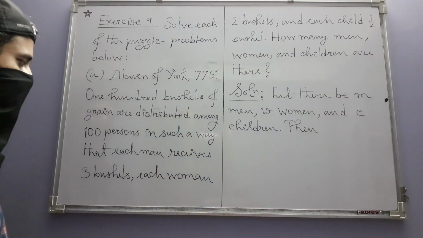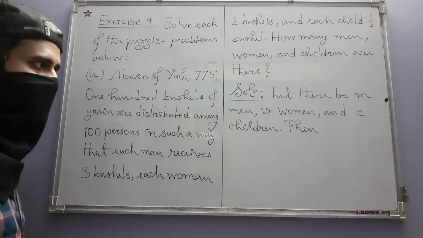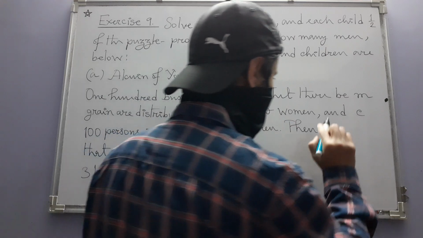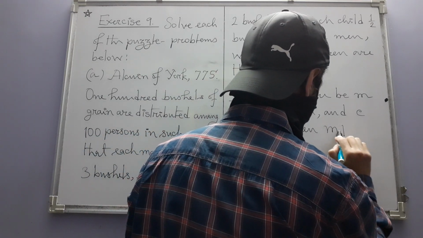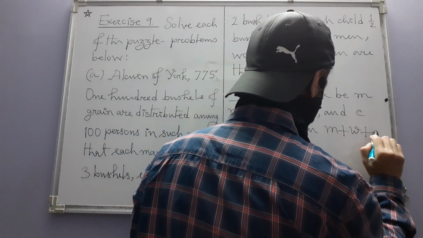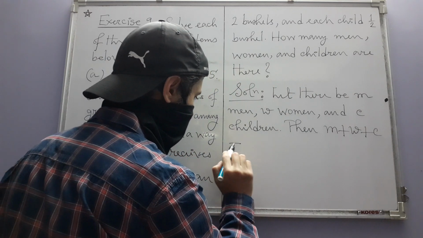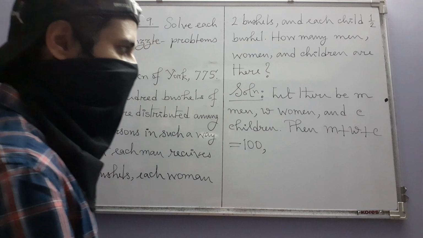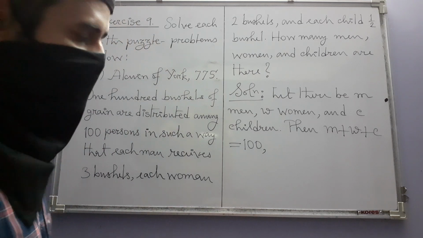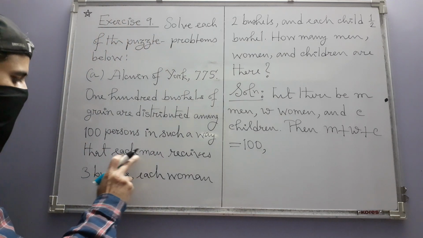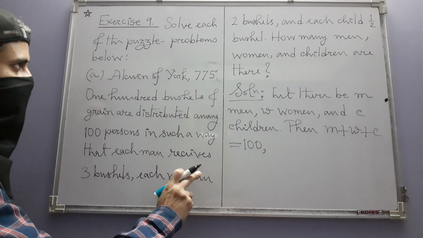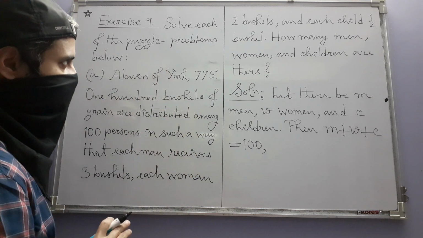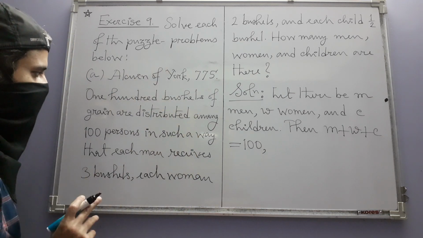Then it's given that there are 100 persons in total. So that means m plus w plus c is equal to 100. So that is one equation, but we have other things also. Each man receives 3 bushels, each woman 2 bushels and each child receives half of a bushel.